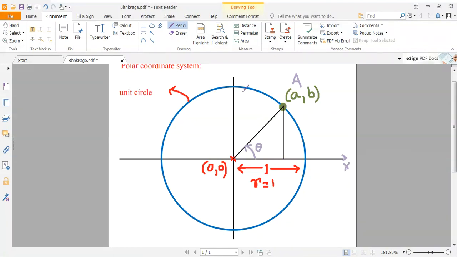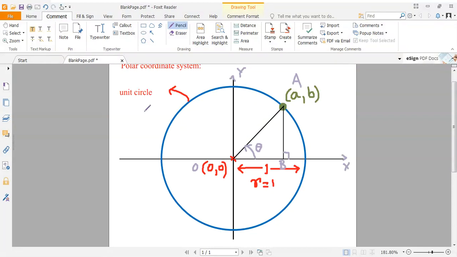If this is the x-axis and this is the y-axis, the perpendicular naturally makes a 90 degree angle. If this is the origin O and this is A, let me call this B. So this point is B, and angle ABO is also 90 degrees.